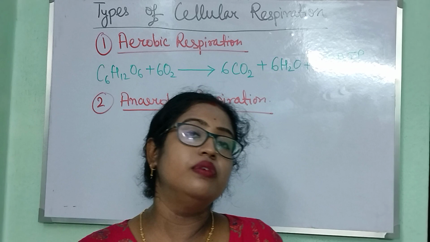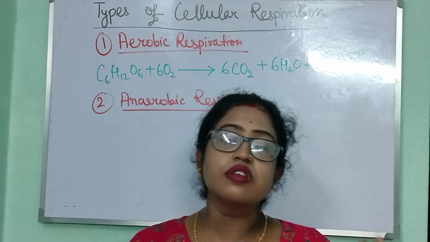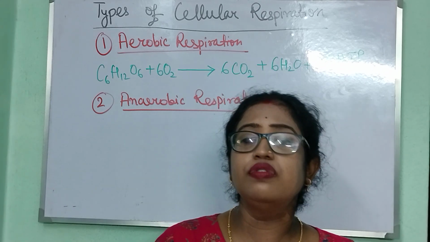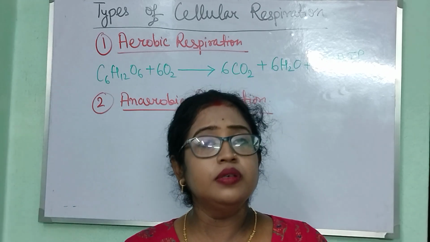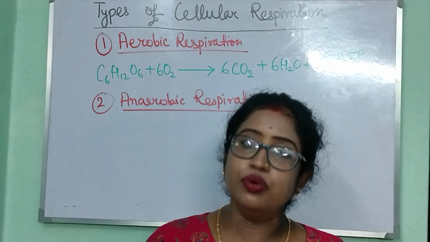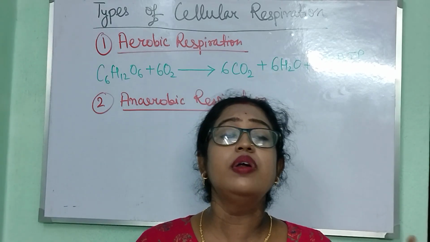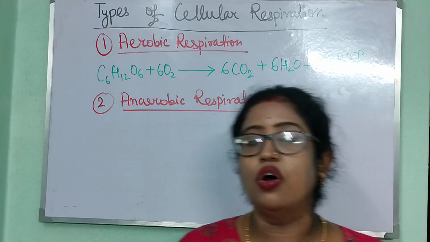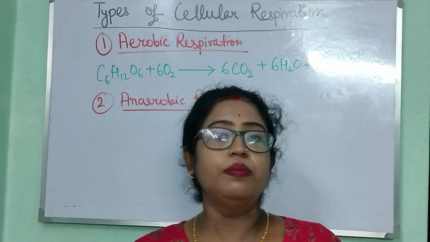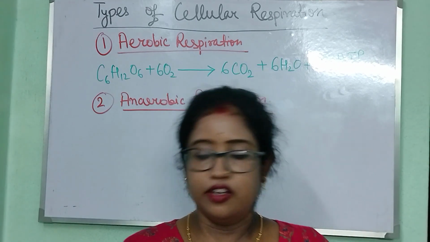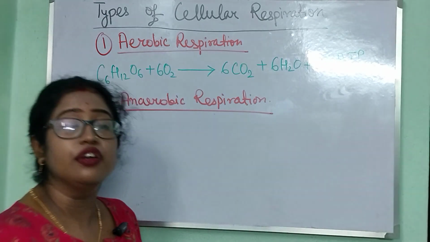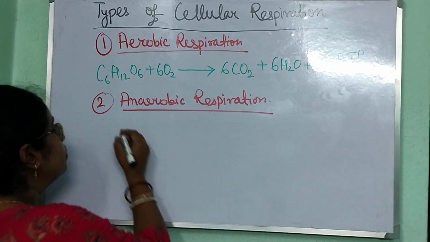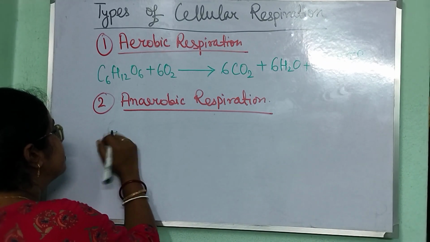In the nutrition process, we learned that excess glucose is stored in our liver, but some amount of glucose is also stored in our muscle cells. So when we exercise a lot, this glucose is transformed into lactic acid in anaerobic, oxygen deficient conditions.